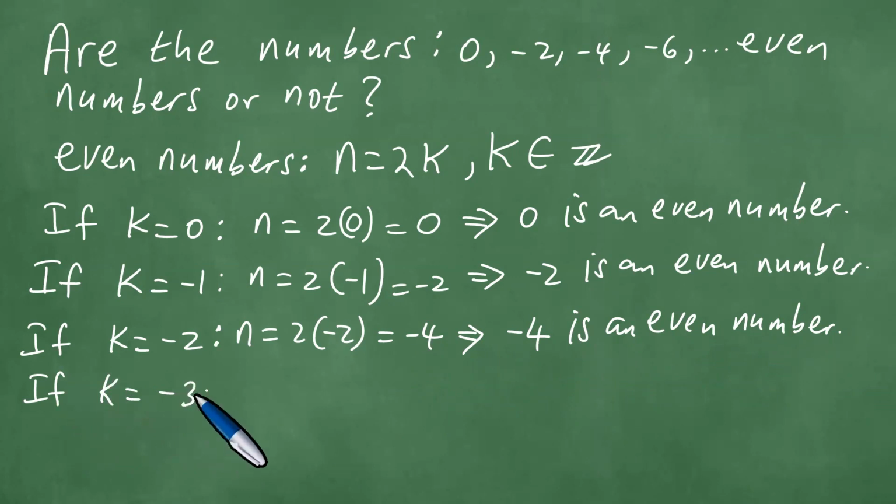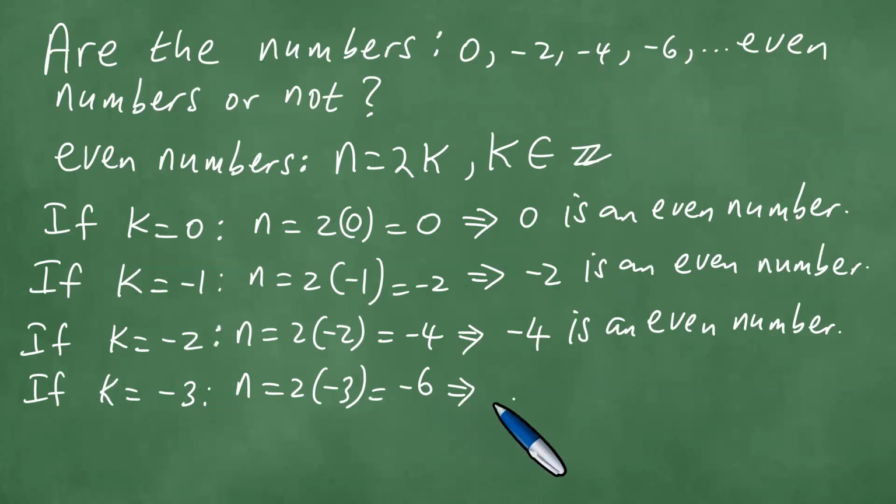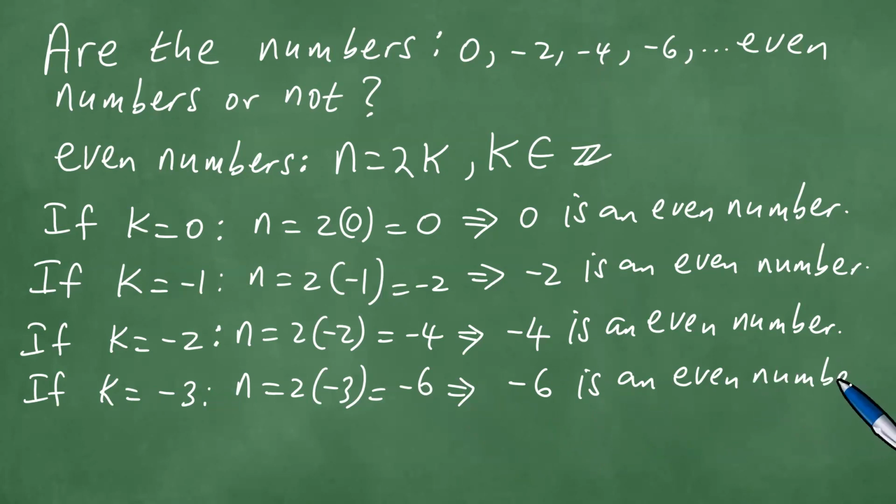If k is -3, we get -6, it means that -6 is an even number, and so on.